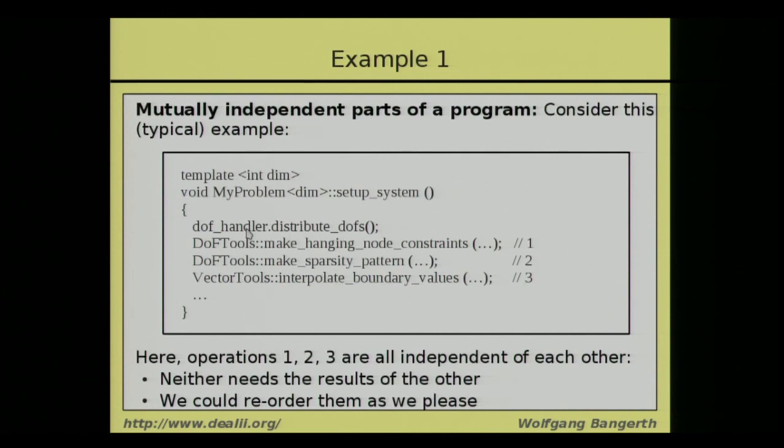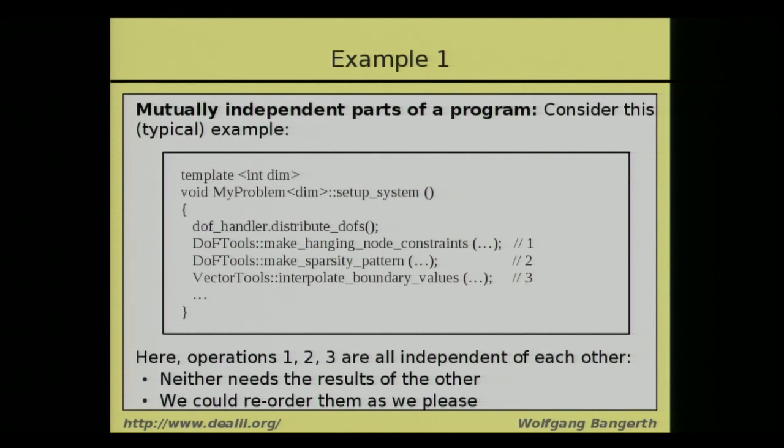So the first thing is you call DoFHandler.distribute_dofs. That means you enumerate all of the degrees of freedom that live on a mesh, for example. The next thing you would do is, for all of these degrees of freedom, you find out which of these are hanging nodes, and you construct this constraints object, the constraint matrix that we use to describe these hanging nodes.